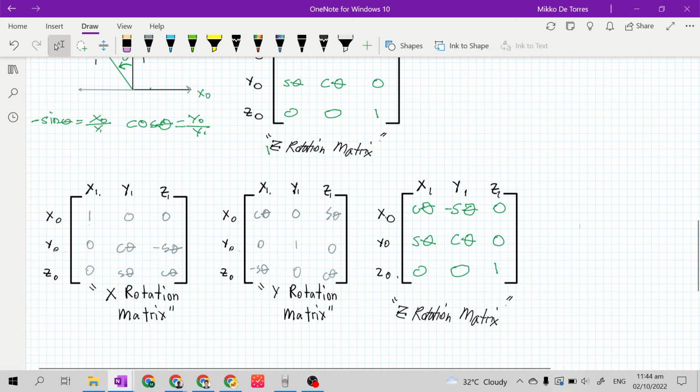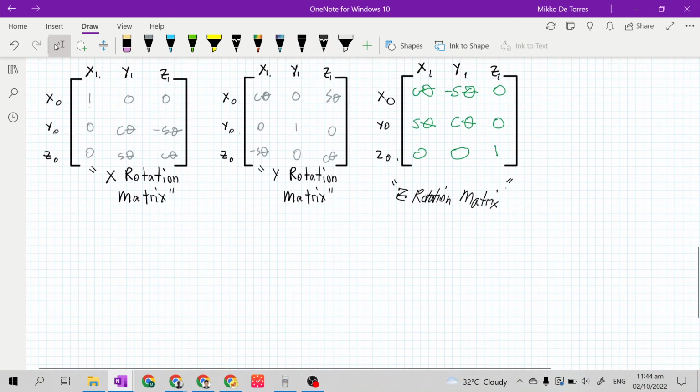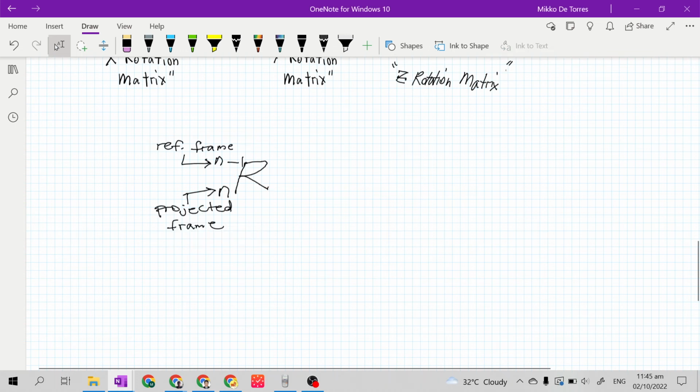So the notation used for rotation matrices is a capital letter R with a superscript n minus one, which stands for the reference frame, and a subscript n that stands for the projected frame.